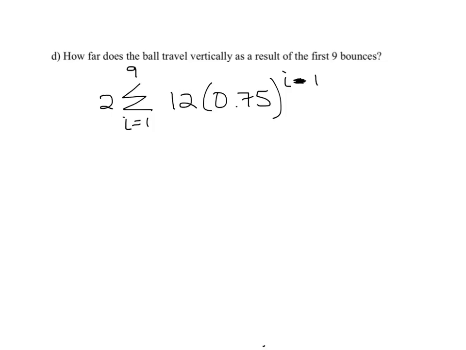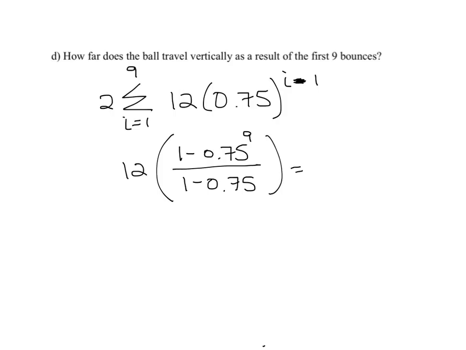And again, you can use the formula. Remember, the formula always starts out with a sub 1, and then in the numerator we have 1 minus the rate to the n power, and this time n is 9. And in the denominator, 1 minus 0.75 because that's my rate. I'll do that.